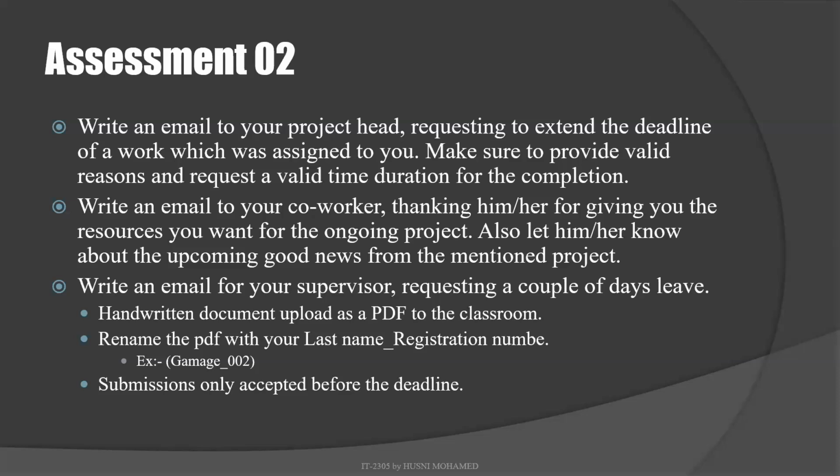Make sure to rename the PDF with your last name underscore registration number. For example, if your last name is Gamage, then Gamage underscore 002, the registration number which is provided by the institution. Submissions are only accepted before the deadline.